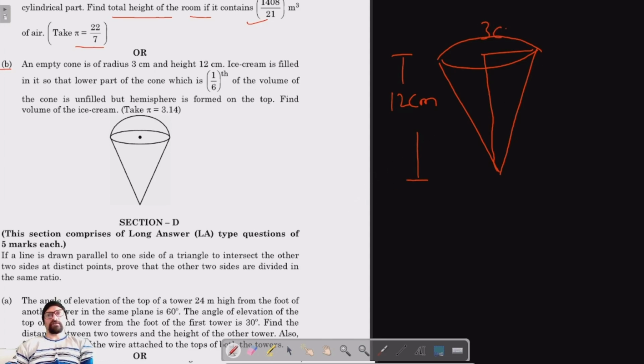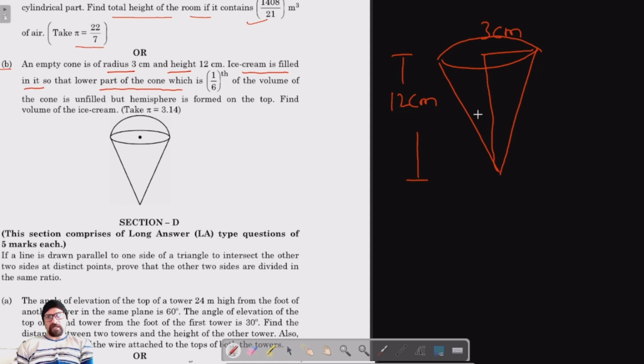And the radius is 3 centimeter. Okay. So this is an empty cone, and ice cream is filled in it so that the lower part of the cone, so this is the lower part of the cone, which is 1/6 of the volume of the cone is unfilled.